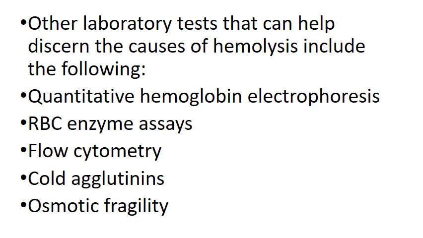All these tests are very important in order to identify the cause of the hemolysis, to know the mode of treatment for each one, to identify which type of hemolytic anemia we have, and to determine whether the hemolytic anemia is extravascular or intravascular. All of these should be done in order to reach a proper diagnosis.